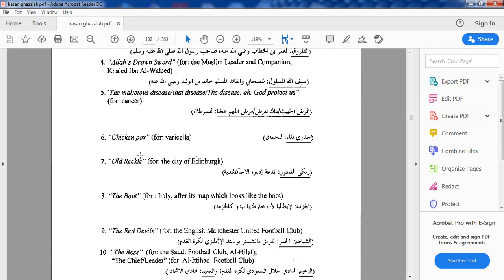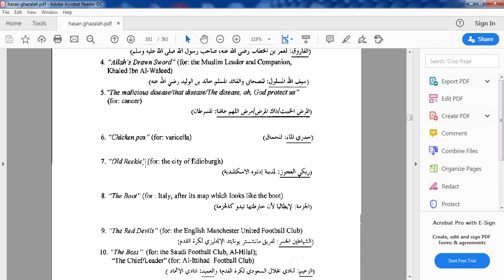And the same thing applies for English terms. For example, Old Reekie for the city of Edinburgh. When I check Old Reekie in a dictionary, I will not find it in old dictionaries, not recent ones. So we are talking about old dictionaries, not now. For example, now you have Google and those new ways of communicating with people.